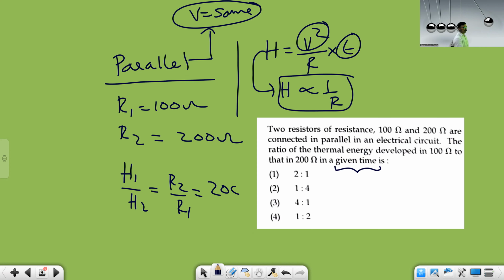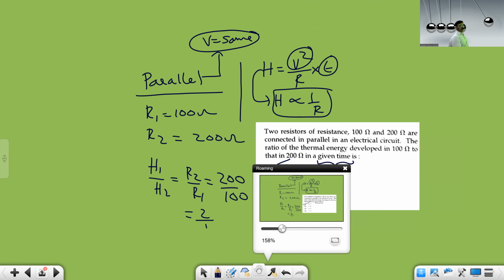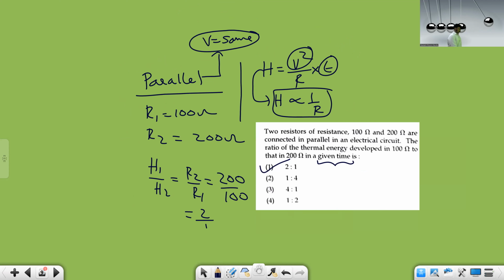That is nothing but 200 by 100, that is 2 by 1. So it's the first option. I hope you guys are clear how I handle this situation. This is a simple parallel combination, meaning I have to select this formula for each.